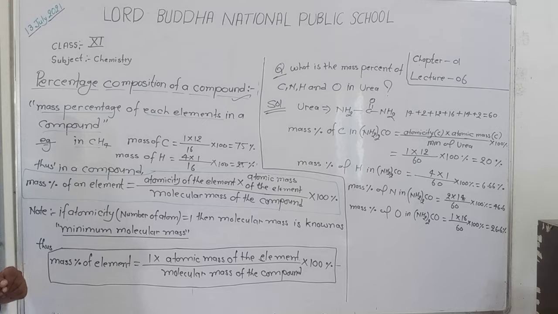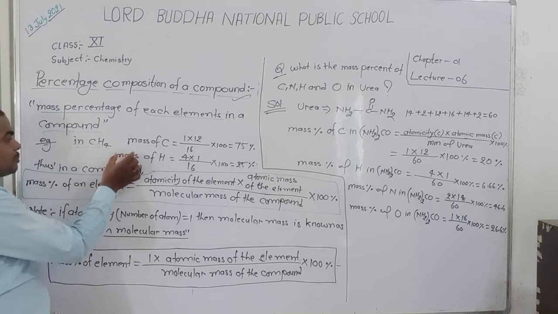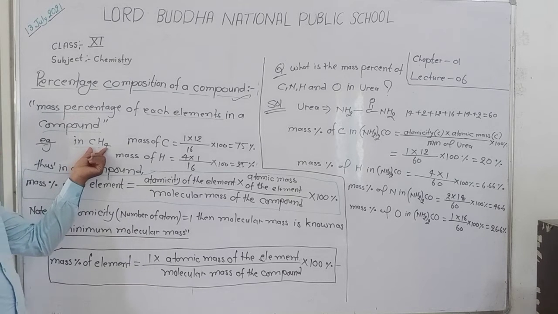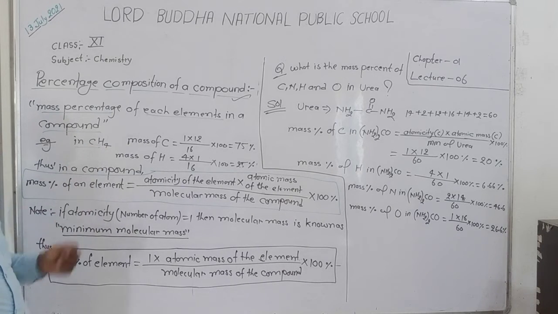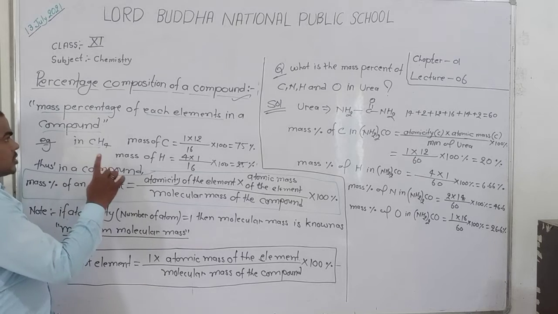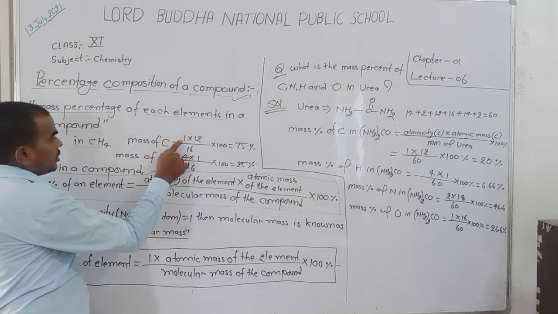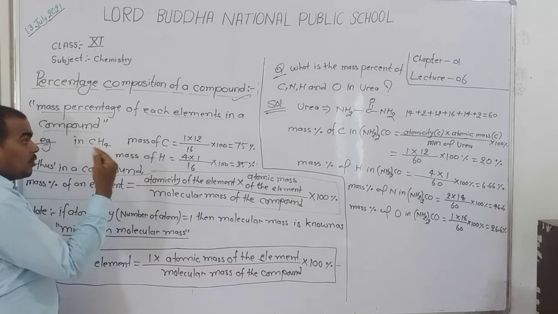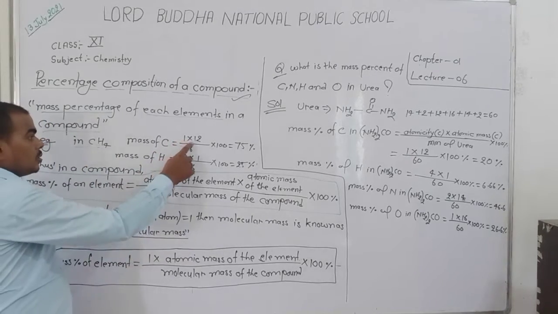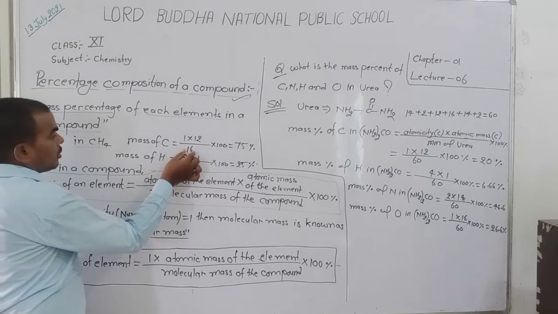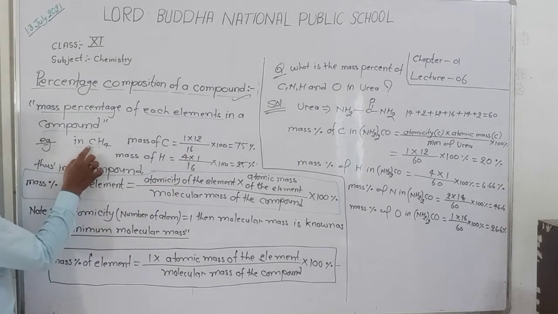Dear student, the mass percent of carbon in CH4, that means methane, is: number of carbon 1, times the atomic mass of carbon 12, upon the molar mass of CH4.